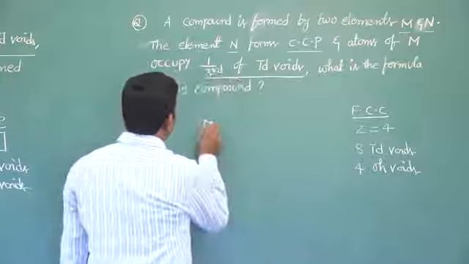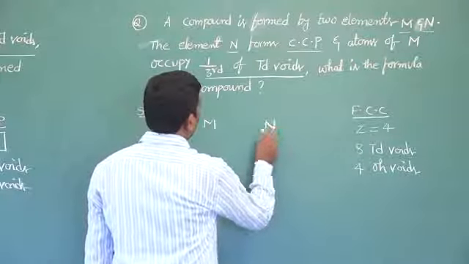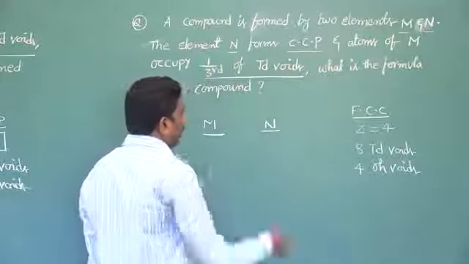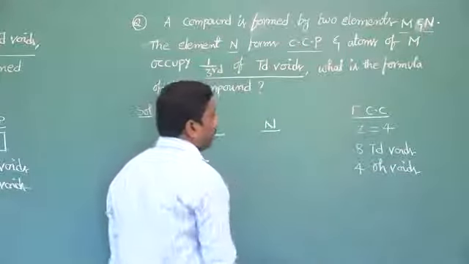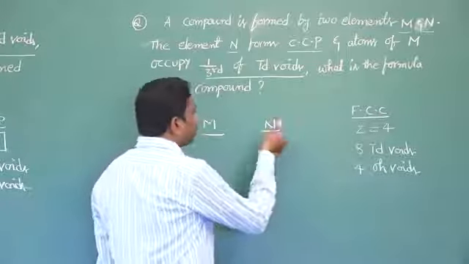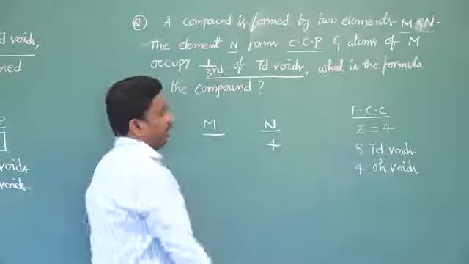So elements M, N, and they are saying that N forms CCP. If N forms CCP or FCC, what is the value of Z? 4, meaning 4 N's are there in one unit cell of CCP.